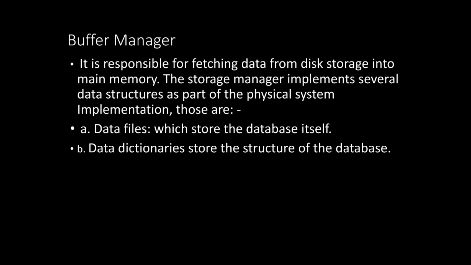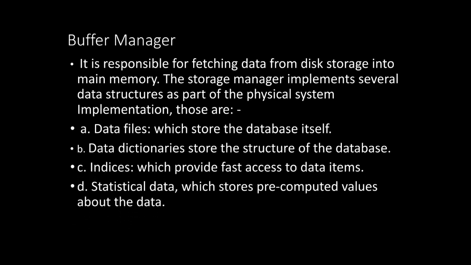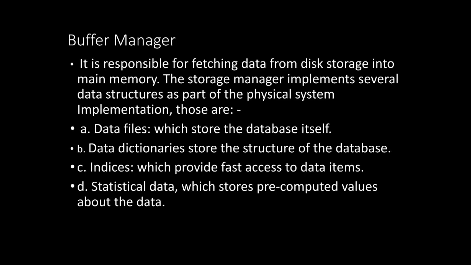These data dictionaries mainly contain the metadata, the database schema information. Next come the indices. What are these indices? Indices have the key values that provide the access to the data. Next is the statistical data. Statistical data has the pre-computed values about the data.